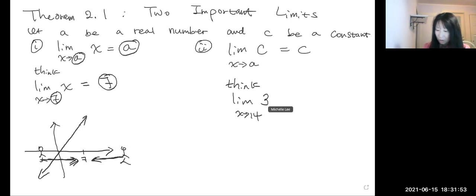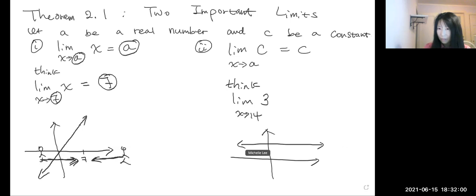Okay, so how do we draw the 3? It's the 3 right there, right? y equals 3, f of x equals 3, right? There is the 3.